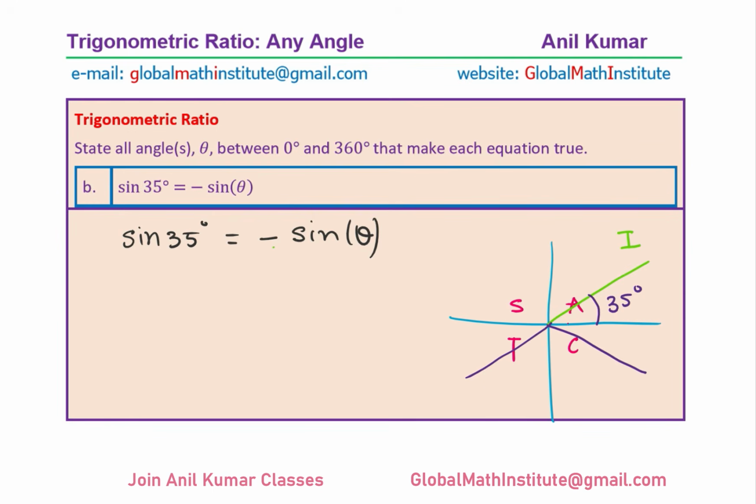So, this angle which we need to figure out has to be what? Can you tell me? Well, one of the angles theta should be equal to 180 degrees plus 35 degrees. Then you will be in quadrant 3. Sine will be negative. Negative of negative will give you positive. Makes sense? That is the concept, right?